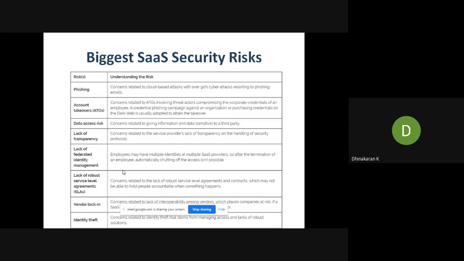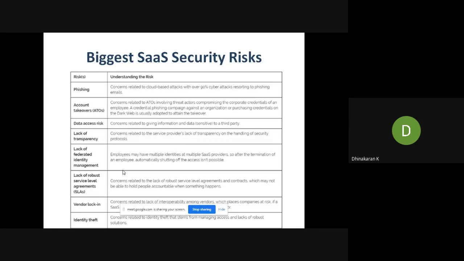What security parameters are they using? What signatures are they using? How is the policy made in the SLA? If everything is transparent, we can easily tell whether they are our service provider or fishers, like attackers, like ATOs. So it is easy to identify. This is one of the risky parameters in lack of transparency.